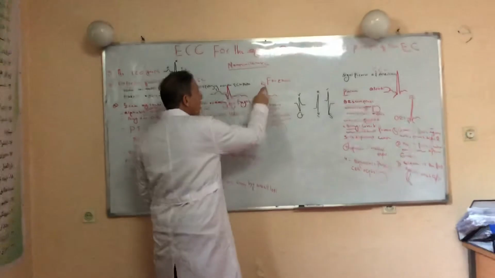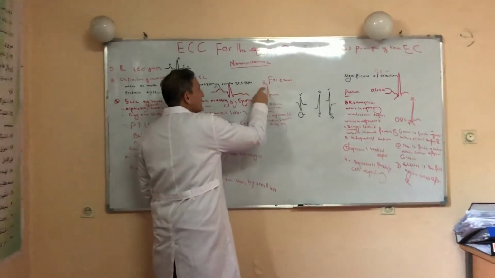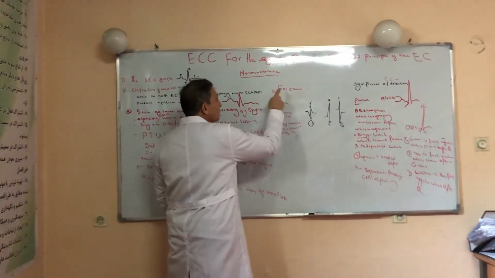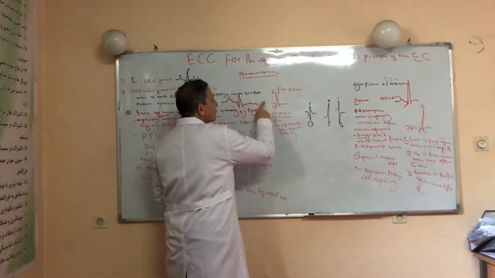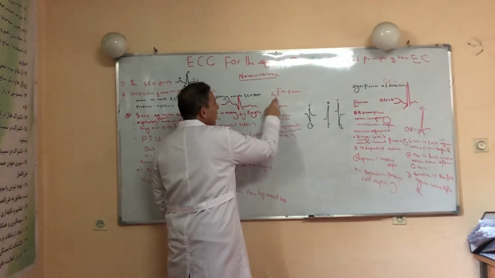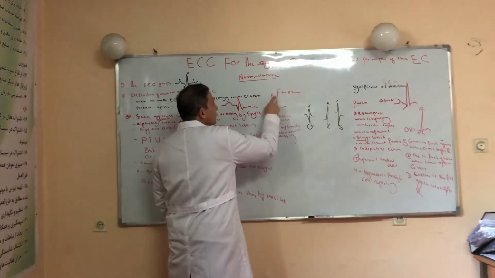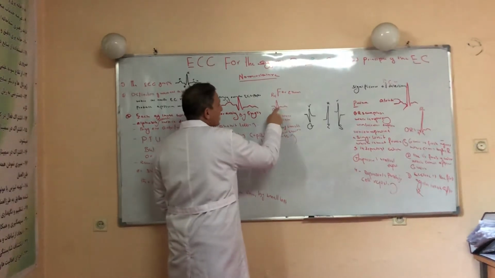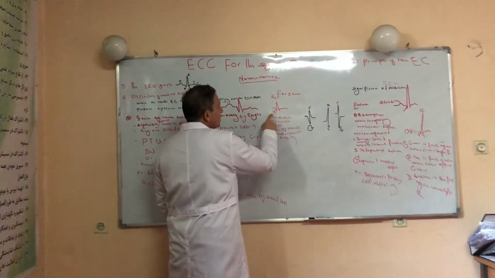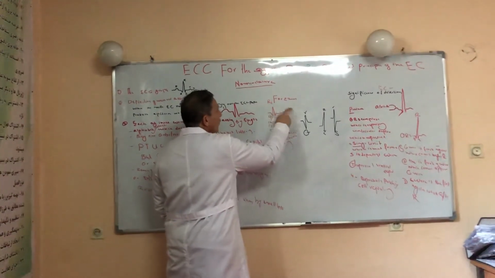The R wave is larger, so it should be capital R. The Q wave is smaller, so it should be small q. So this complex is called a qR complex.